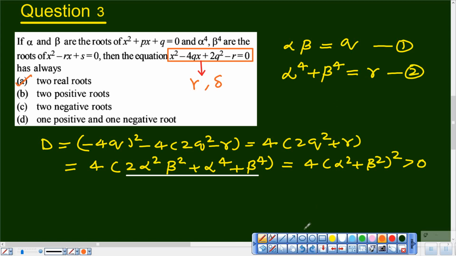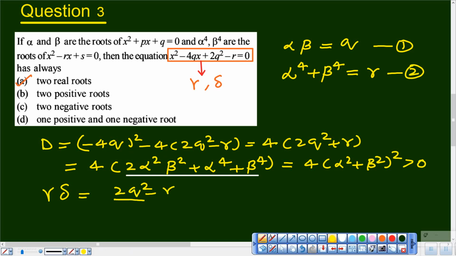So if I check the product of the roots, gamma into delta, what is the product of the roots? The product of the roots is the absolute coefficient. Can you confirm that? It is the absolute coefficient, which is this, 2q square minus r, upon the quadratic coefficient. So the absolute coefficient is 2q square minus r, and the quadratic coefficient is 1.